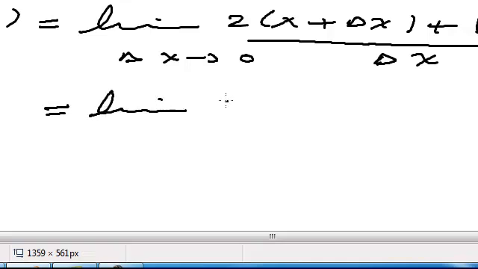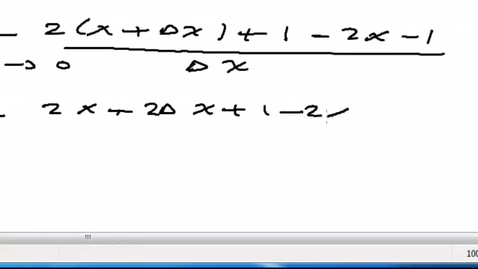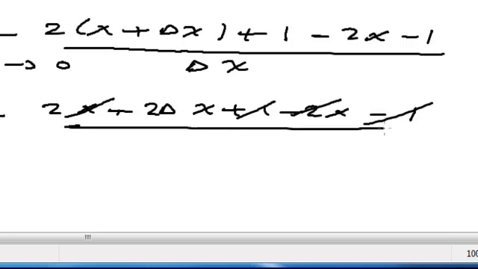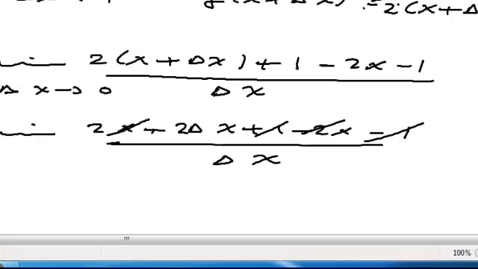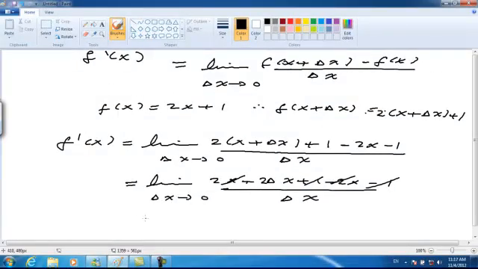That is the limit of 2x plus 2 delta x plus 1 minus 2x minus 1. Cancel. Divide by delta x as delta x tends to 0, which equals 2.